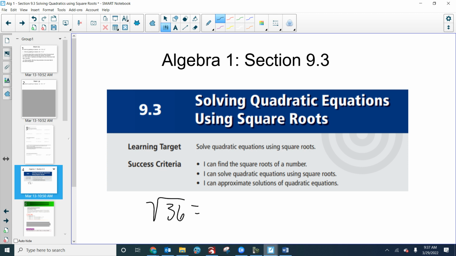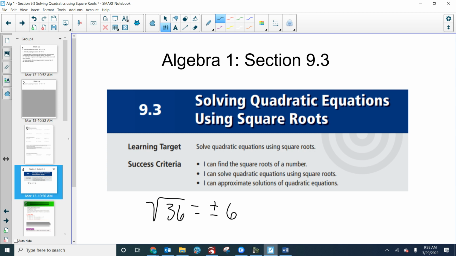Is it plus or minus? Plus or minus 6. That's important today. Okay, you might want to write that somewhere on the notes up there, just so you remember.